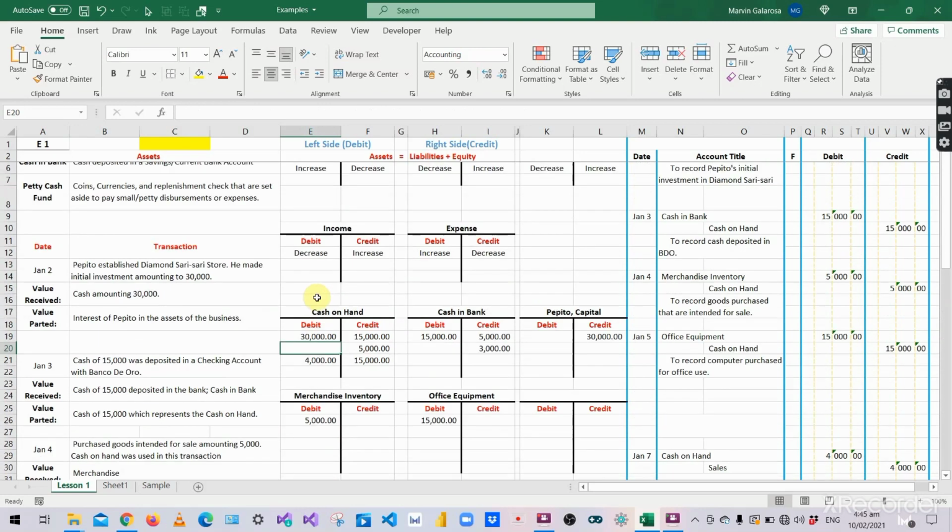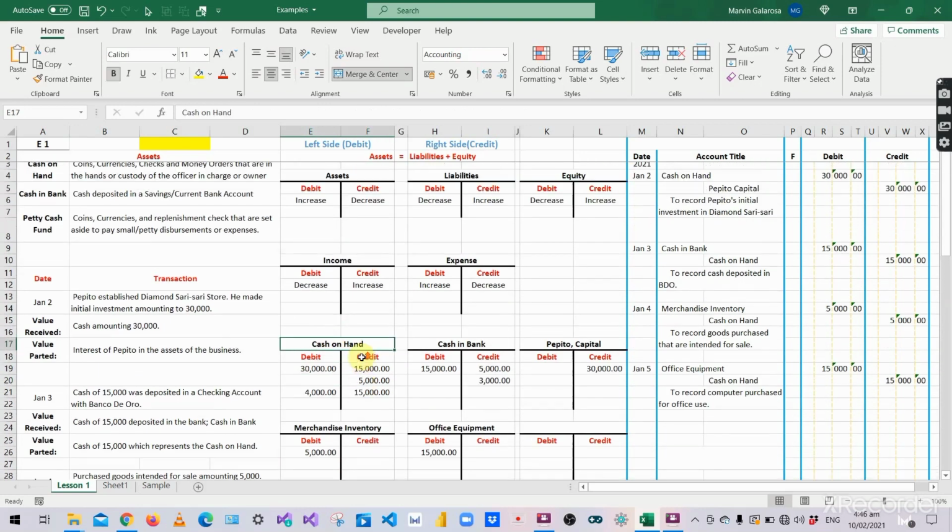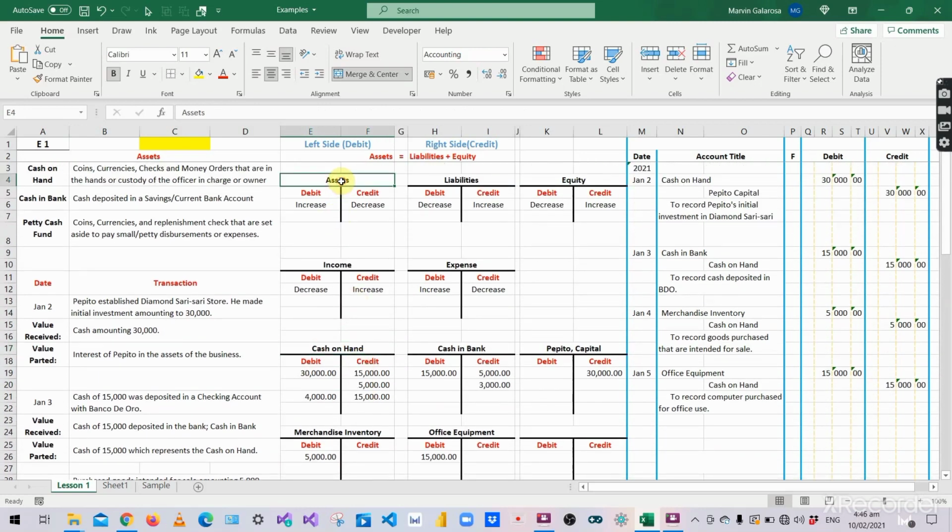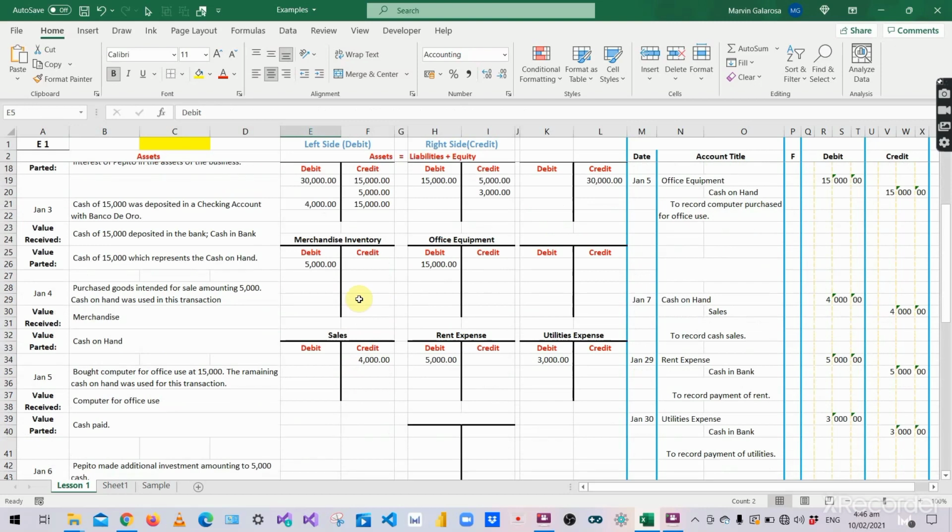So, on January 6, naka-receive ka ng cash. Since si cash on hand ay isang asset and ang increase sa asset ay recorded sa debit side, lagay natin yung 5,000 pesos na additional investment sa debit side ng cash on hand.